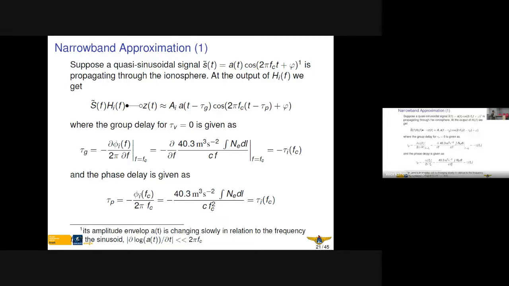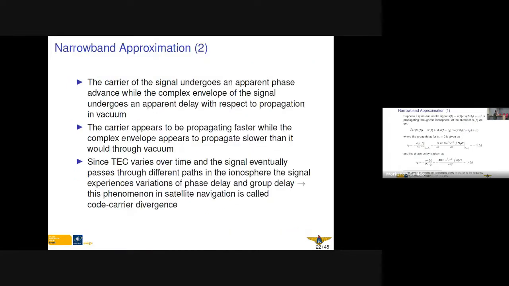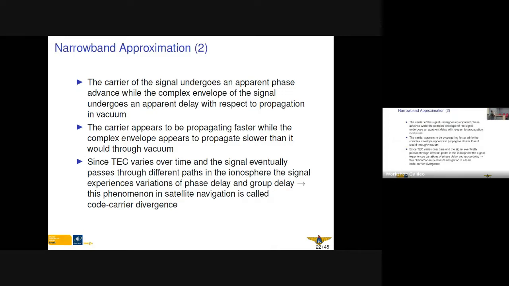So the phase delay and the group delay of the signal have opposite sign here. This is important to remember when we derive this. The carrier of the signal undergoes an apparent phase advance, while the complex envelope of the signal undergoes an apparent delay with respect to propagation in vacuum.